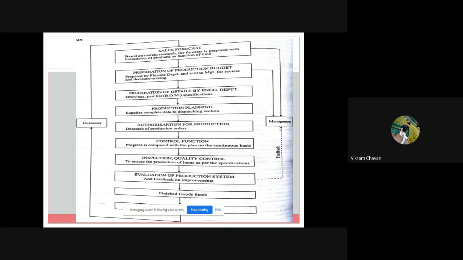Okay, so next is the preparation of production budget. Now this preparation of production budget will be handled by the finance department.